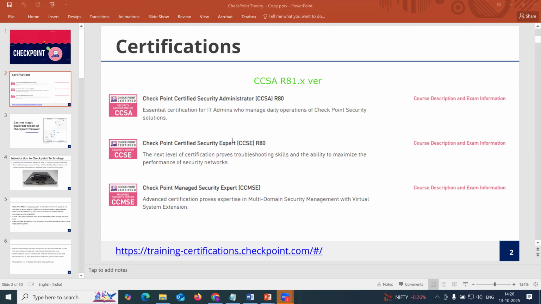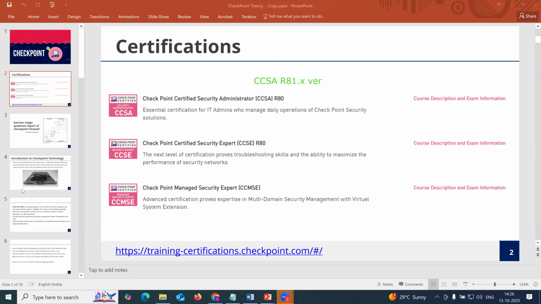So this training is about CCSA plus a few of the topics of your CCSE. That's how, in a combined way, I'll be taking the training of your Checkpoint firewall. Overall, my concept is to make you guys professionally good so that you can work as a professional whenever you go for a Checkpoint firewall. That's the concern.